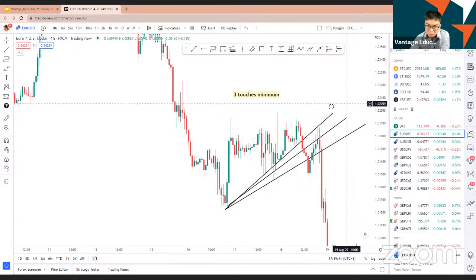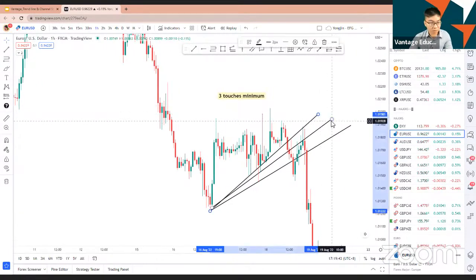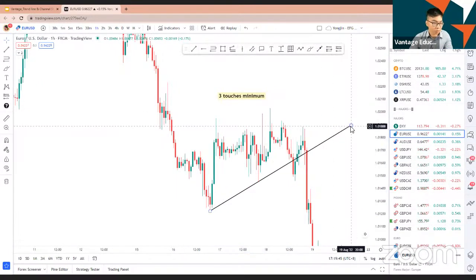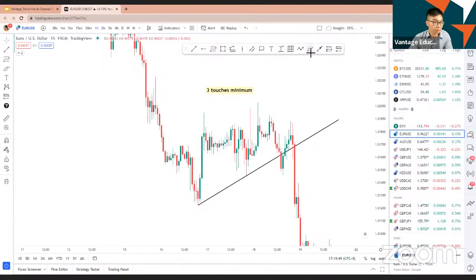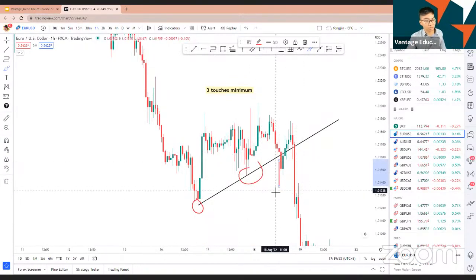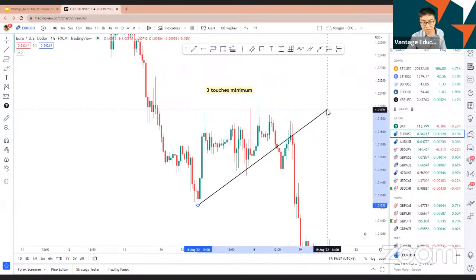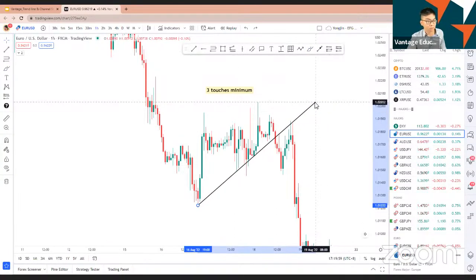But at the end of the day, you can draw multiple ones to get your confluence right. Okay, so this is an invalid one. There's only 2 touches, not valid. Price broke, but it's not valid. So please do not just use a trend line alone.